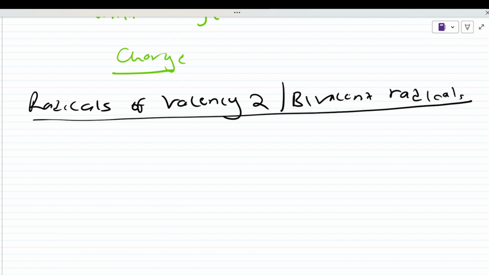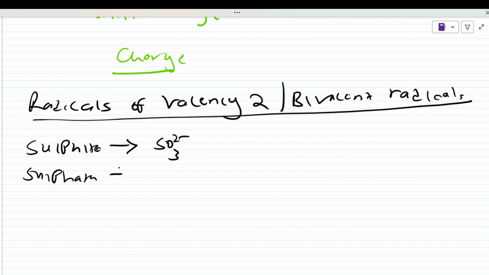The first one is sulfite, which is SO3 2 minus. I have sulfate, SO4 2 minus. I can also have carbonate, which is CO3 2 minus.